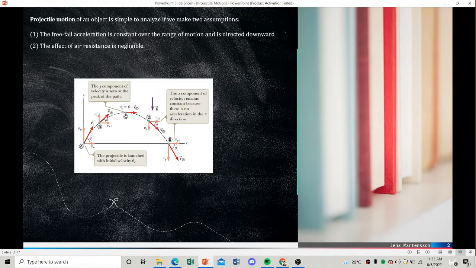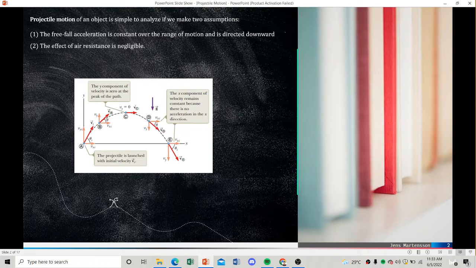Projectile motion of an object is simple to analyze if we make two assumptions. First, the free fall acceleration is constant over the range of motion and is directed downward. Second, the effect of air resistance is negligible.